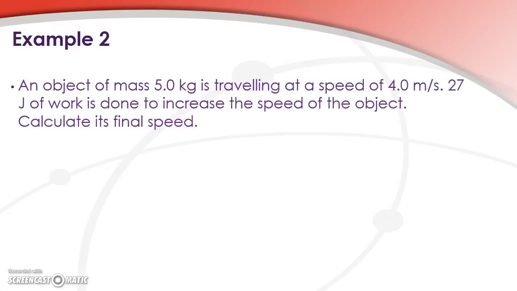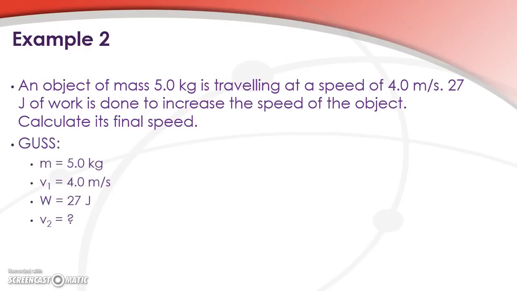Okay, our second example is a little more complicated. An object of mass 5 kilograms is traveling at a speed of 4 meters per second, and we do 27 joules of work to increase the speed. What's its final speed? So in this case it's a little more complicated.